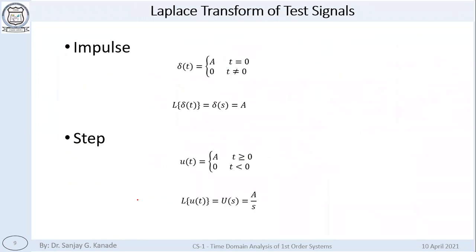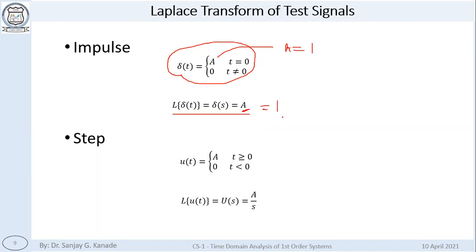Now, the most frequent question asked is about standard test signals, and it ends with the Laplace transforms of these test signals. This is the impulse signal, as we have seen just before. The Laplace transform of this impulse signal is nothing but A. If you apply the Laplace transform to the impulse, the output is A. If it is a unit impulse, meaning A is equal to 1, then this will also be equal to 1.